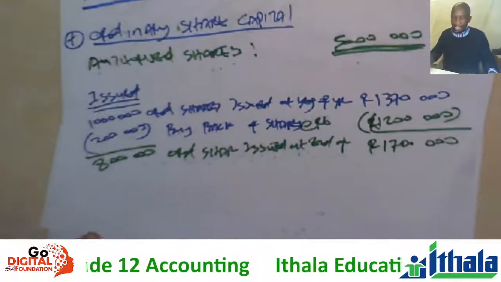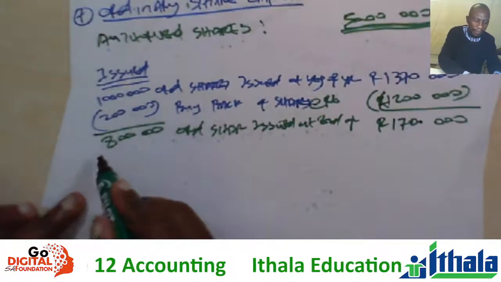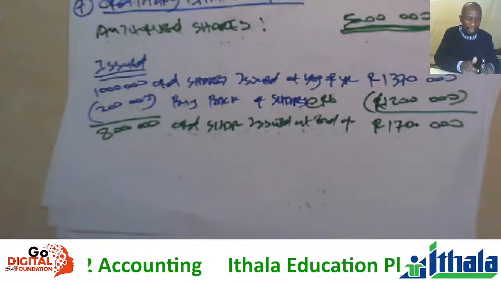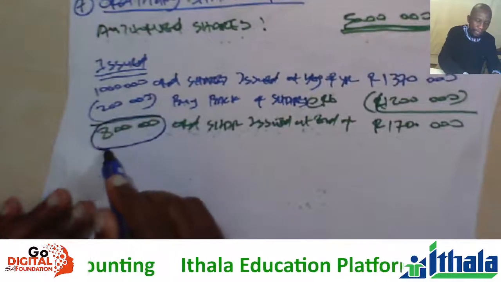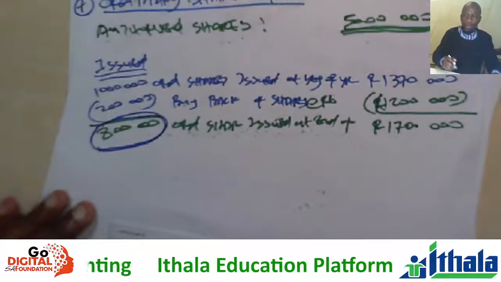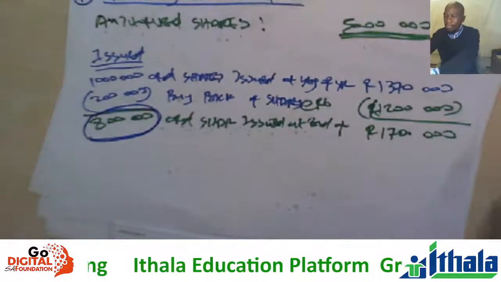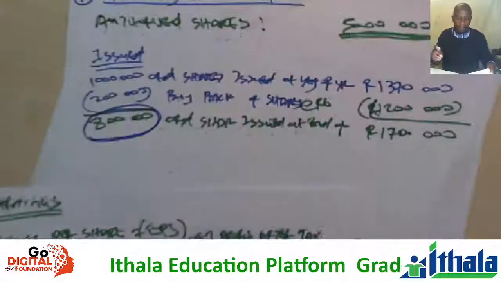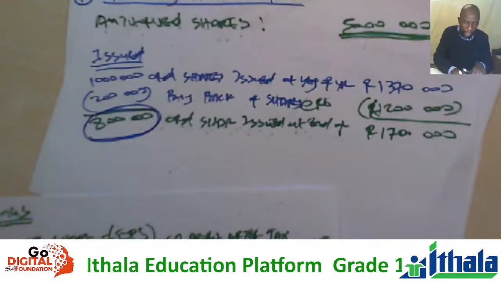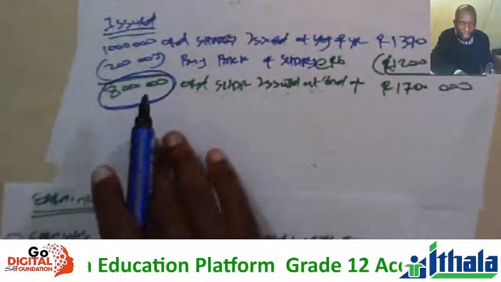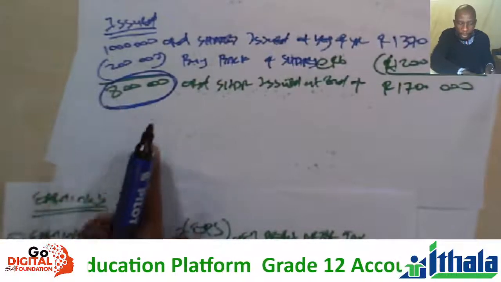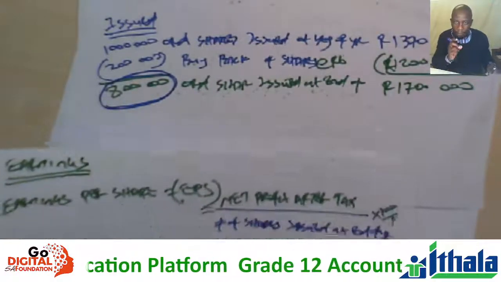Remember, that's the number of shares issued at the end. If we were doing ratios on the same question, we have to do our earnings and divide by this number, 800,000, because it's the number of shares issued at the end, coming from note number 8.